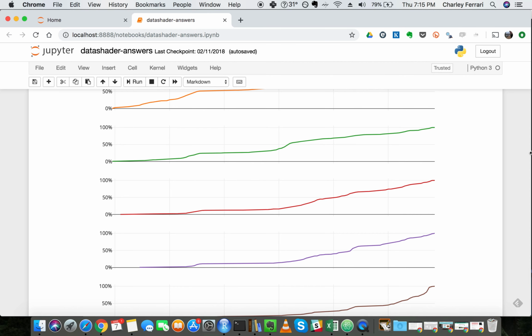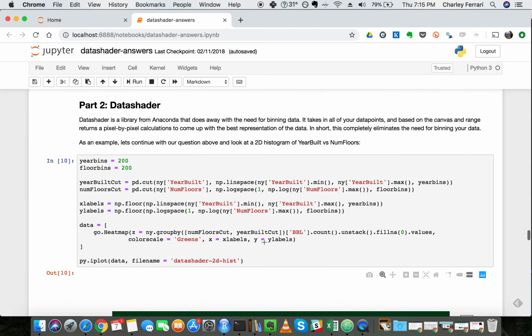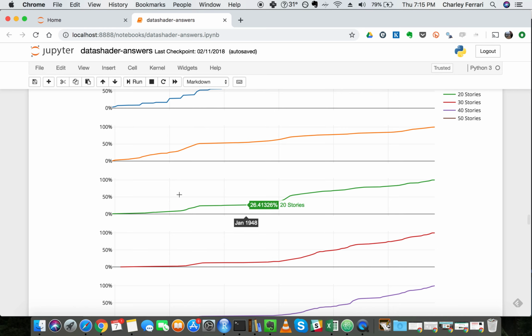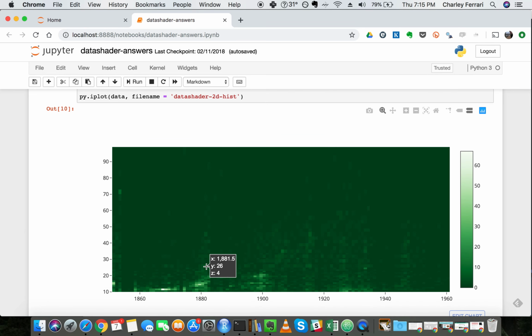If you look at some of these plots where you see buildings increasing over time, even in a plot like this, where it's not giving as much information as these cumulative sum graphs, you could still see things like when elevators were invented, or when there were specific breaks in technology that allowed taller buildings to be built.